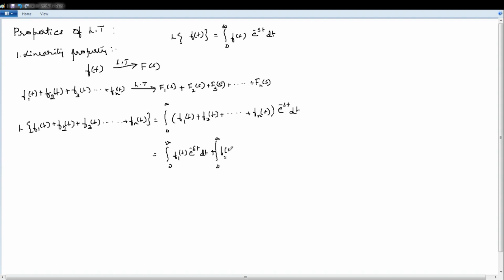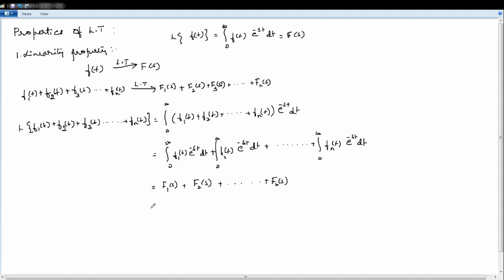Similarly, it carries over till the nth term, integral 0 to infinity fn of t e power minus st dt. Now, from the basics, the Laplace transform of f of t is integral 0 to infinity f of t e power minus st dt, that is nothing but F of s. So similarly, I can write this as F1 of s, the second term as F2 of s, and till the nth term as Fn of s.